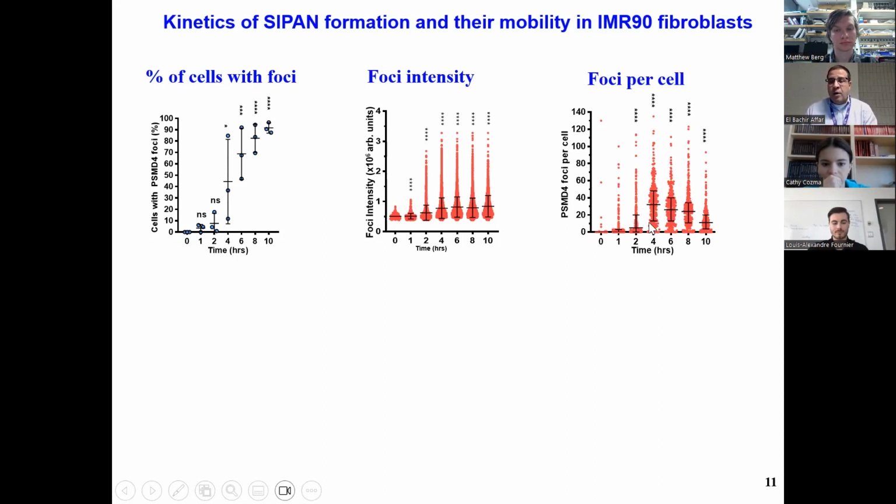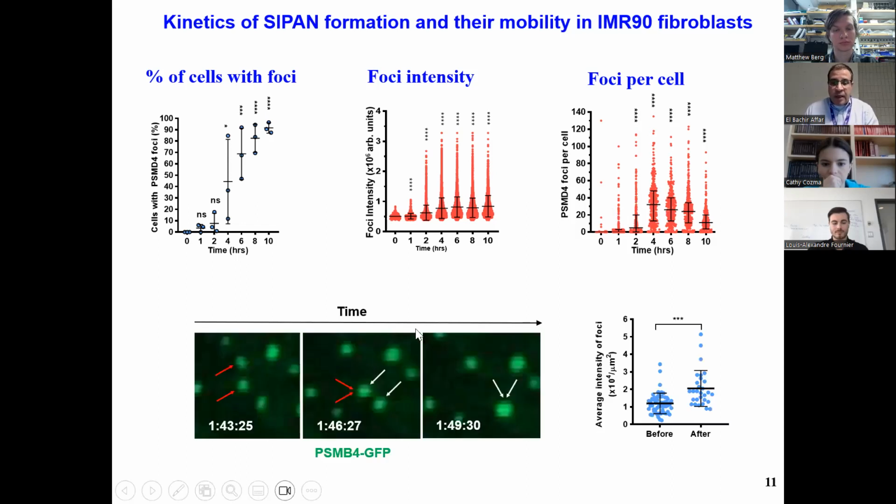We have in general, on average, 40 to 50 foci per cell, and you can notice that over time, the number of foci reaches a maximum and decreases after that. And this is because we have fusion events, which is one of the characteristics of liquid phase separation. And as you can see nicely here, these two foci have fused to form this focus, and these two foci have fused to form this focus.